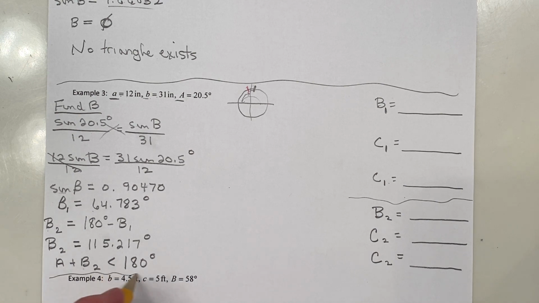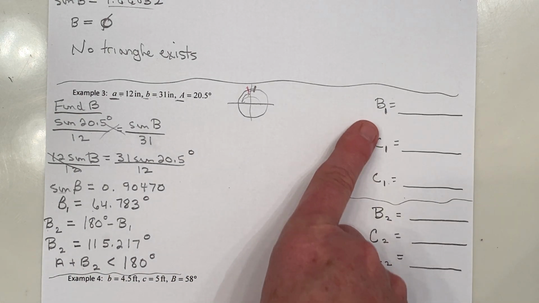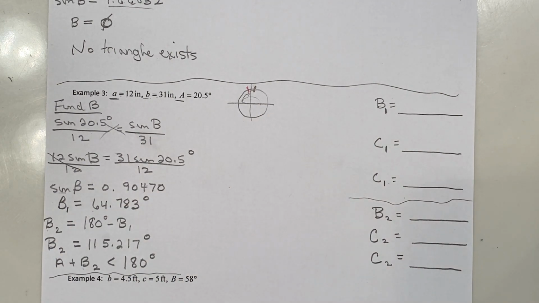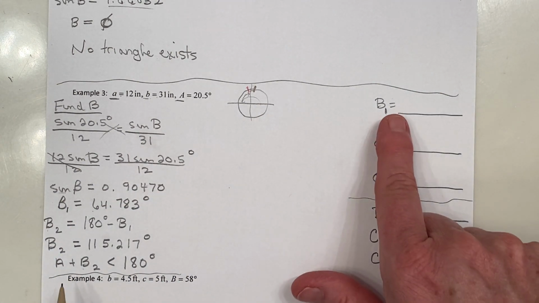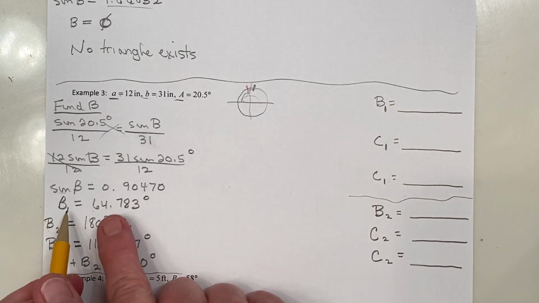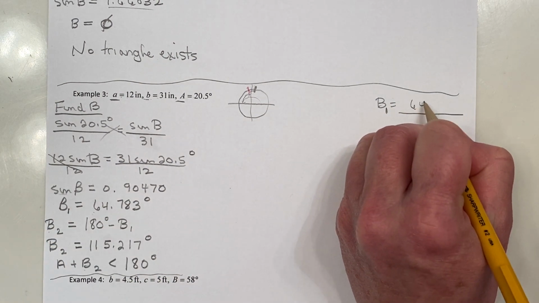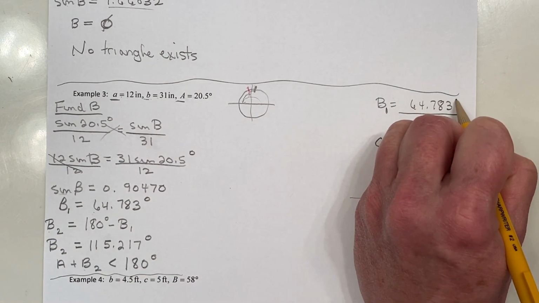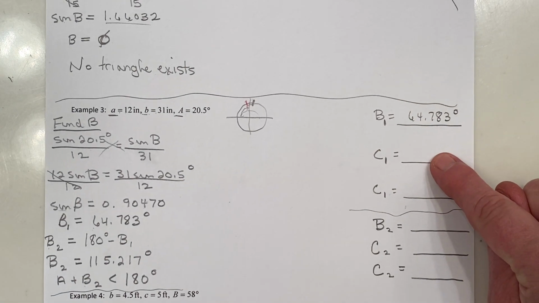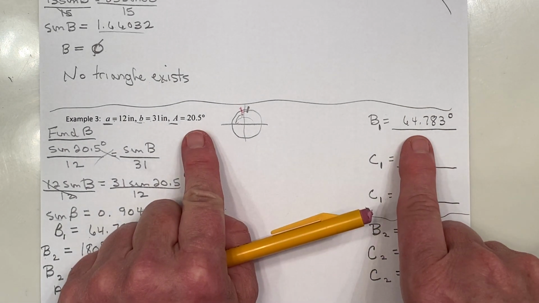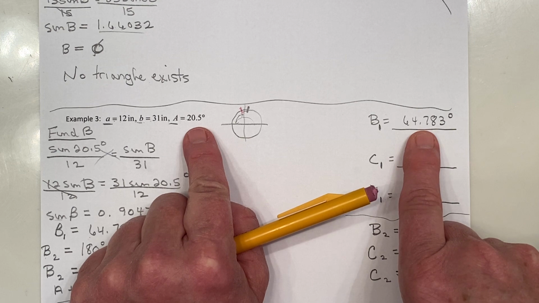Let's see if I have enough space for all this. Okay, let's focus on this triangle first and complete it. To get B sub 1, I'm going to come back over here and record 64.783 degrees. How do I get angle C? Well, add angle A with B sub 1.